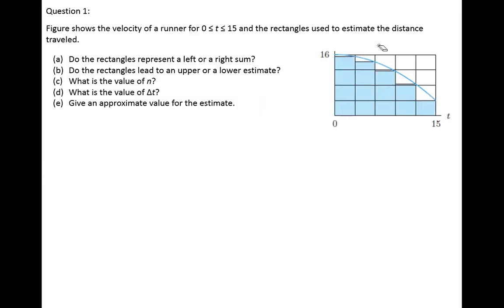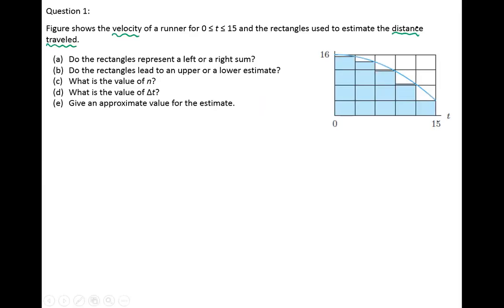The figure shows the velocity of a runner between 0 and 15, which is time. Let's say between 0 and 15 minutes. And the rectangles are used to estimate the distance traveled. That we can see. If the velocity is provided, the area under the curve will give me back my original function, which is distance.